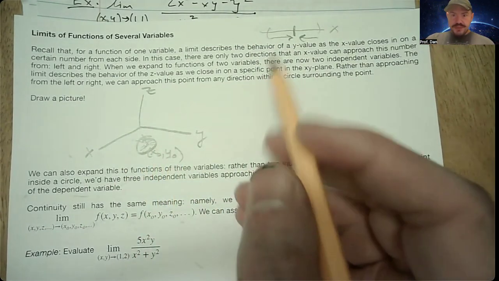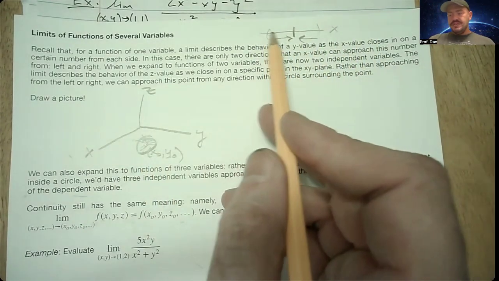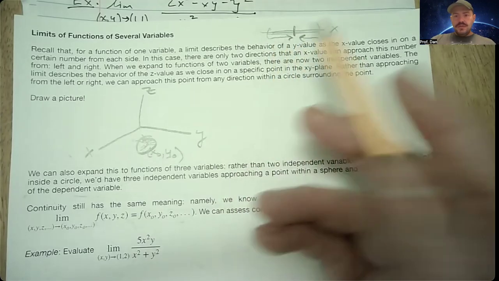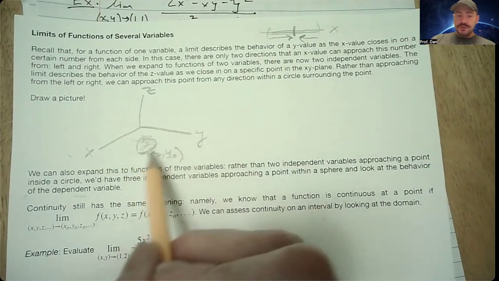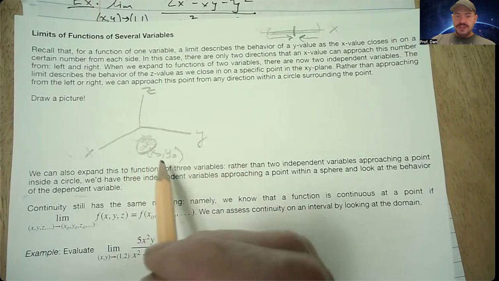So when we talk about neighborhoods with X, that's just like on this number line from here to here is a neighborhood. When we are looking at functions of two variables, our neighborhoods are circles. Every point in this circle is in the neighborhood of X naught, Y naught.